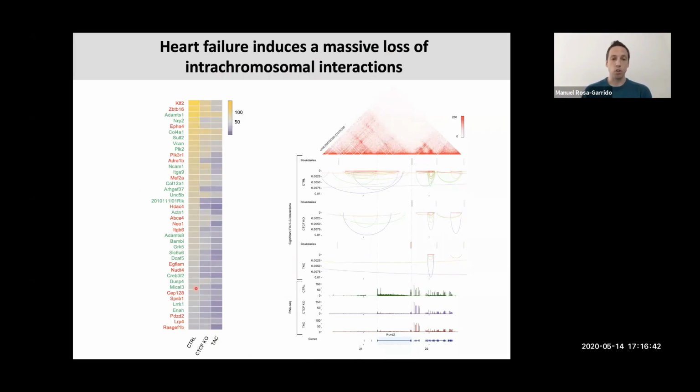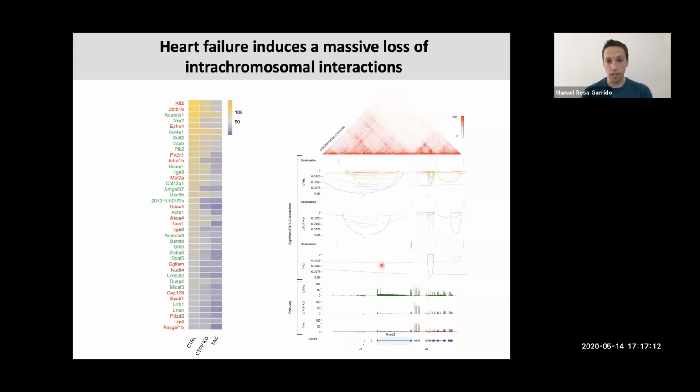Here I'm showing you the top 50 genes that are differentially expressed in both CTCF knockout and TAC animals, and I sorted these genes by the number of interactions coming out from the gene. So you can see here that when we induce heart failure, no matter how, depleting CTCF or performing TAC, the number of interactions decreases in all these genes, showing that we have this massive loss of interactions.